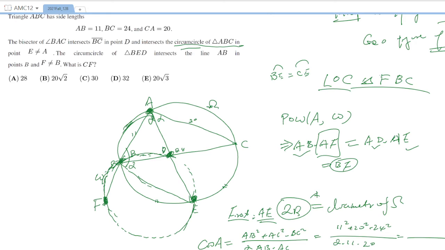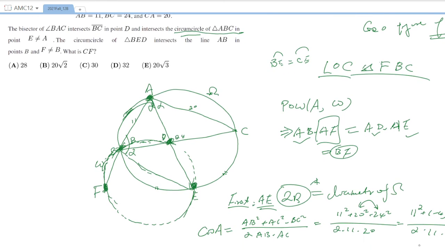When you calculate, don't compute all the squares; use the difference of squares. 11 squared, plus 20 minus 24 times 20 plus 24, which is negative 4 times 44. Very good, right? Over 2 times 11 times 20. You can see 11 can be cancelled, so the final result is 1 over 8. You guys do your calculation.